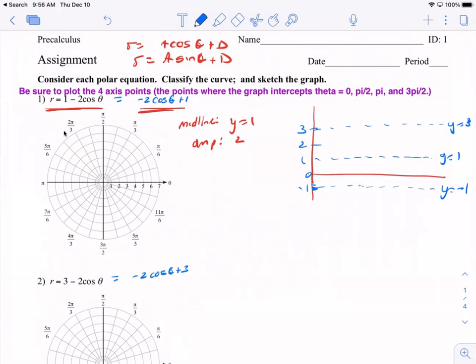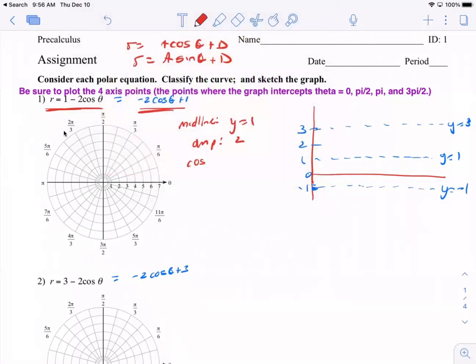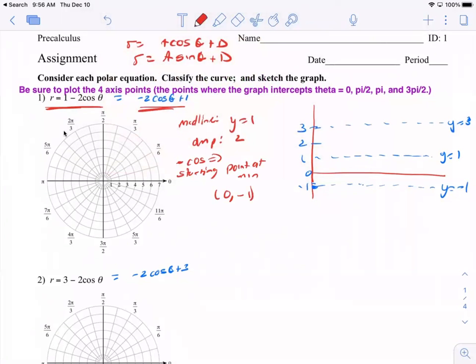Now, this is a cosine graph, and it's actually a negative cosine. So we need to know the starting point. For a negative cosine, the graph starts at the minimum, so at 0, -1 for this particular graph.